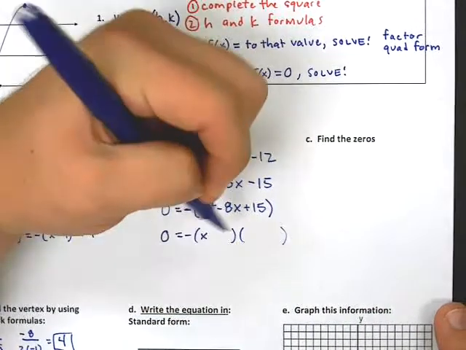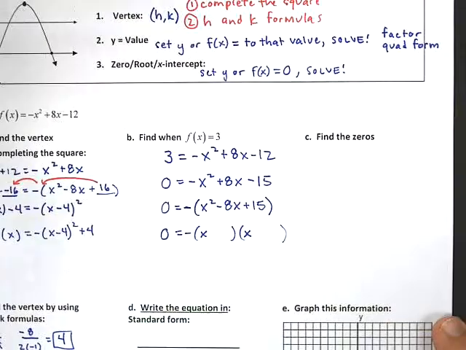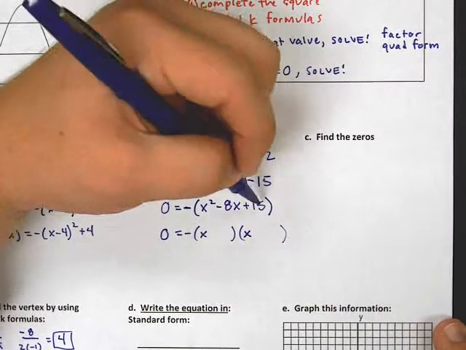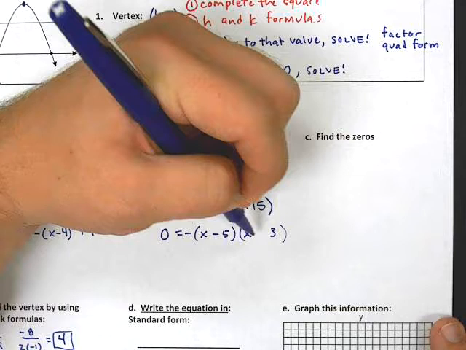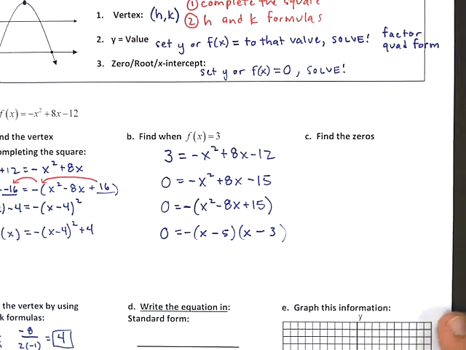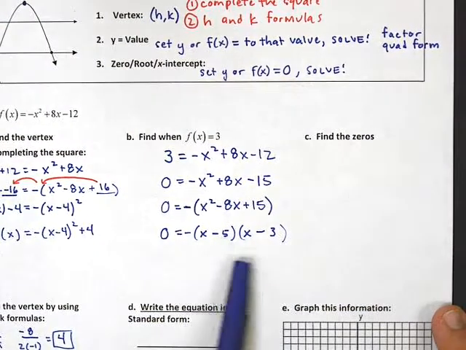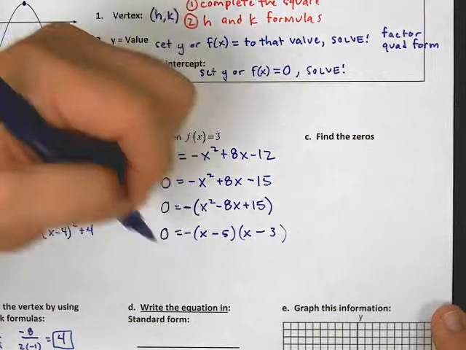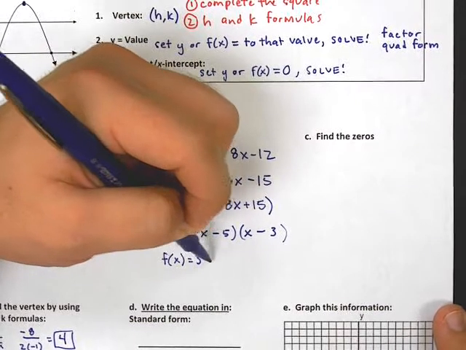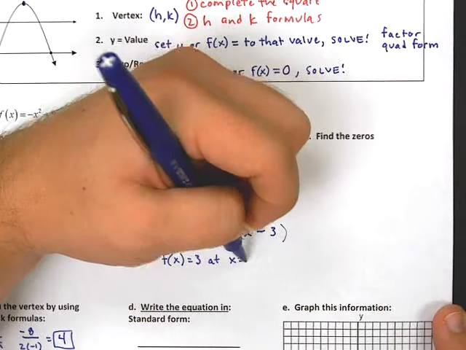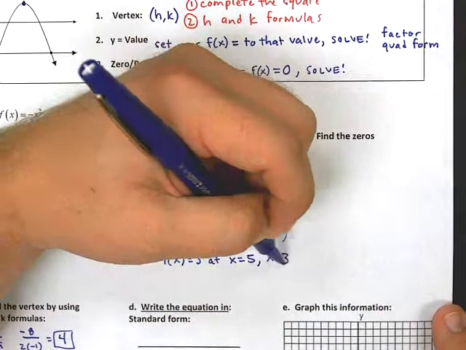I know that this will be x and x, and 15, it's got to be 5 and 3, and then negative, negative, right? Good. So now we can use the zero product property to tell me that f of x equals 3 at x equals 5 and x equals 3.